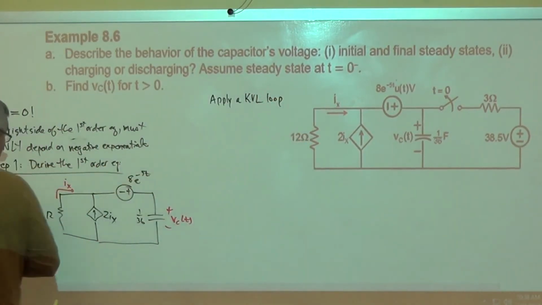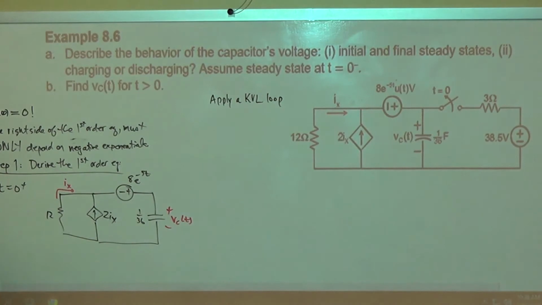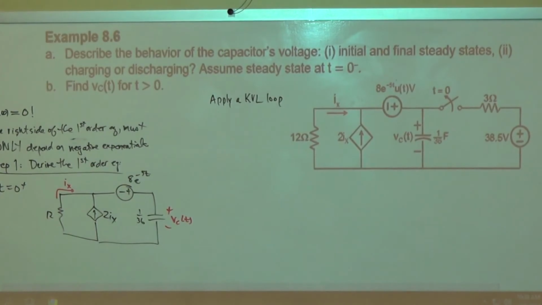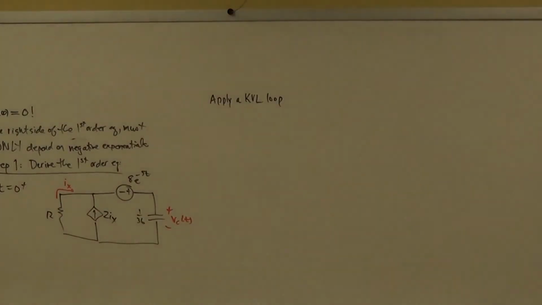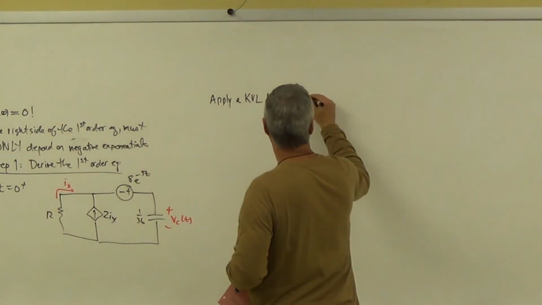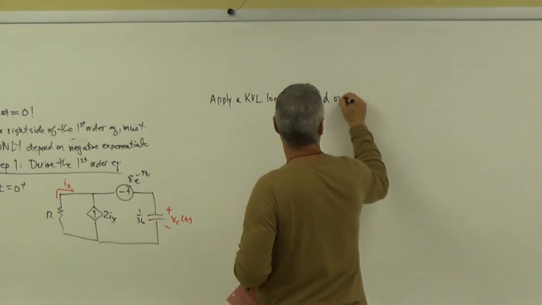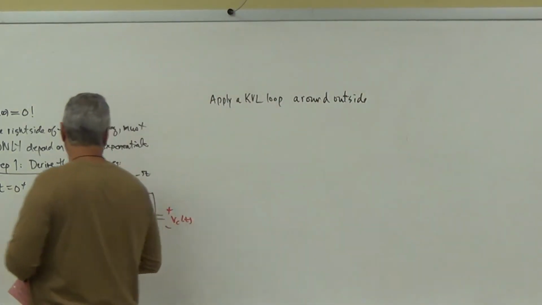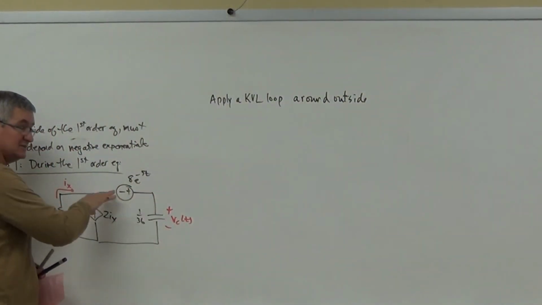So if I apply a KVL loop around the outside, let me turn this off now. I can pick any direction that I want. I'm going to make this my positive direction.